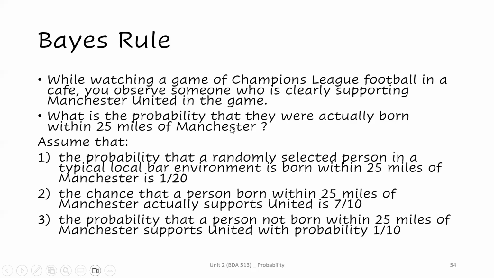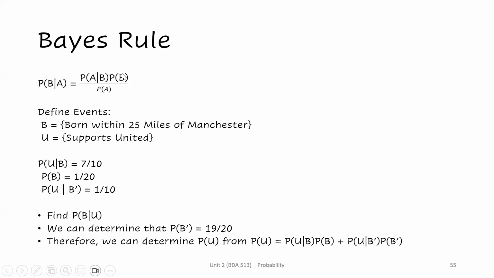So we know that the conditional probability of B given A is equal to the conditional probability of A given B multiplied by B, divided by the probability of A.